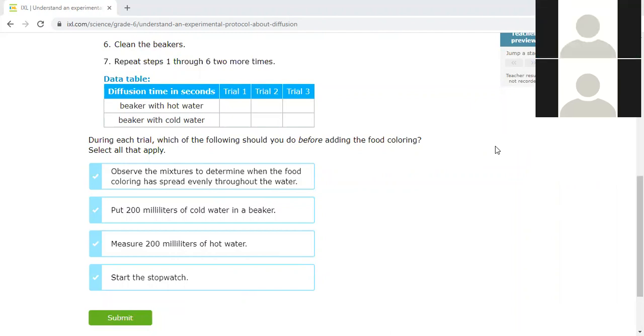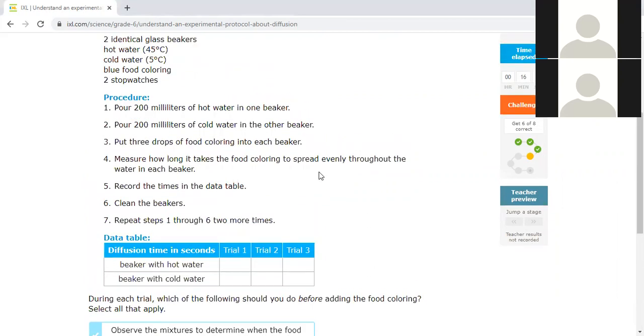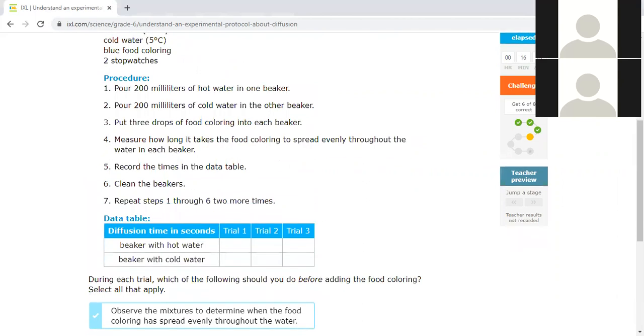So during each trial, which of the following should you do before adding the food coloring? If you remember, step 3 is add the food coloring. So what we do before can only be step 2 or 1.